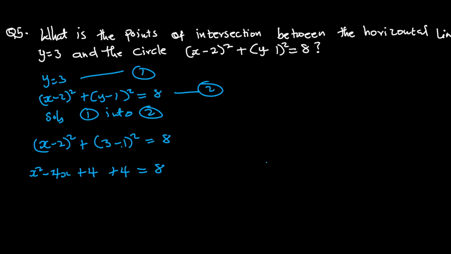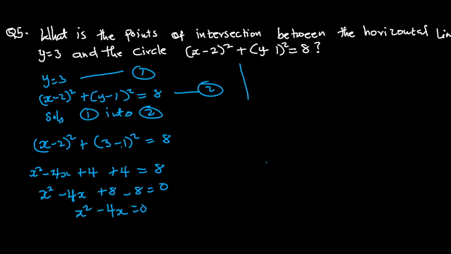Now if I simplify further, I'm going to have x squared minus 4x plus 8 minus 8 equal to 0. Sorry, there is supposed to be a minus here. So we have x squared minus 4x plus 8 minus 8, and that will give us x squared minus 4x equal to 0.